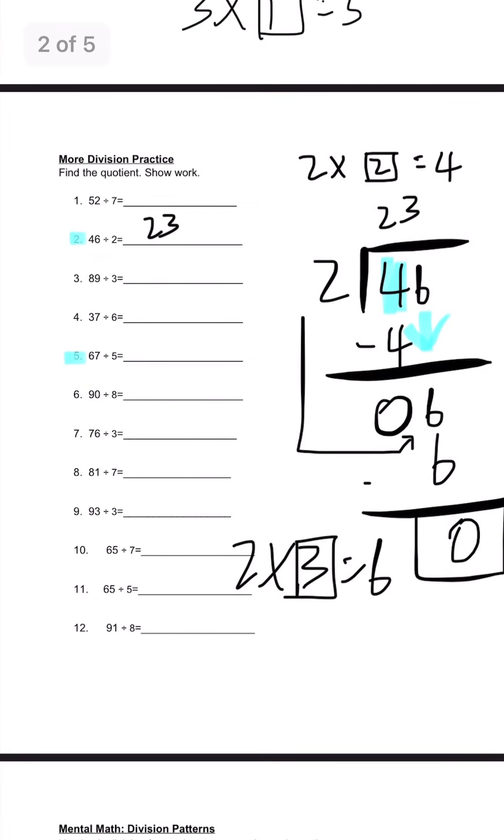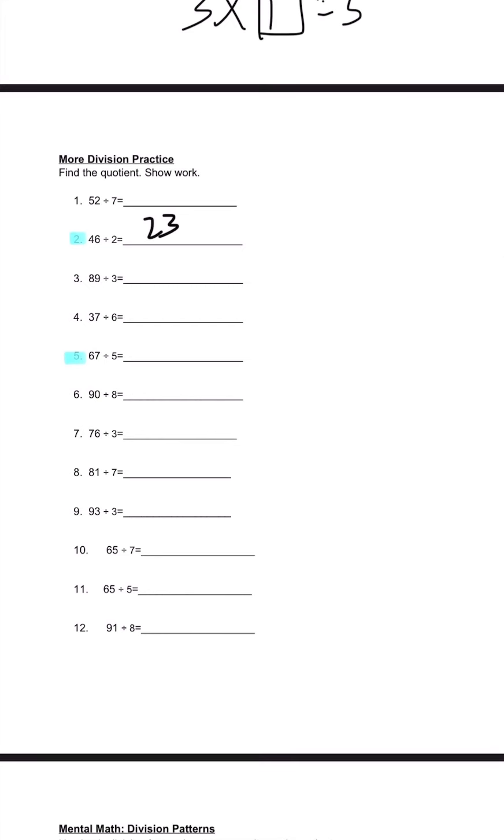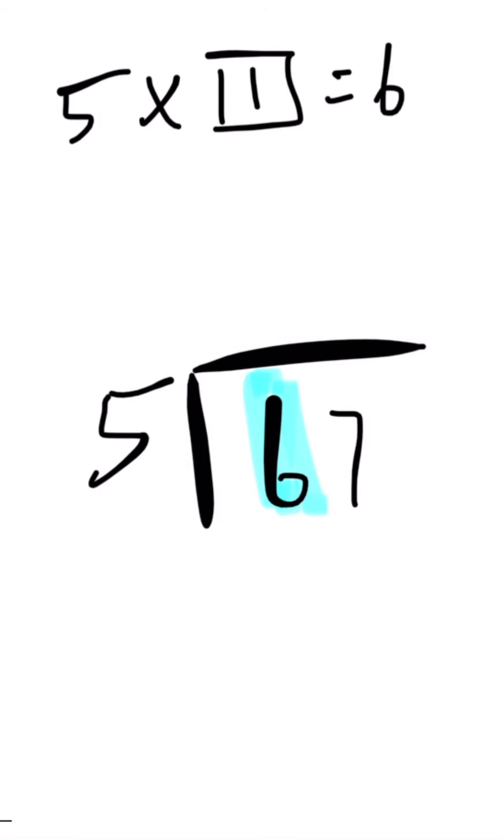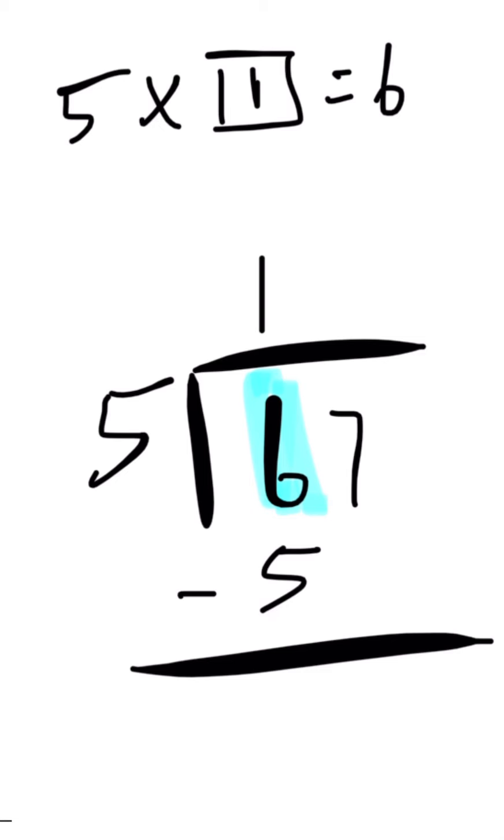Okay, I'll erase my work so that I can do number 5. Number 5 is 67 divided by 5. You look at the first digit and you will ask yourself, 5 times what gives you closest to 6? 5 times 1 gives you pretty close to 6. So we'll write 1 and subtract 5.